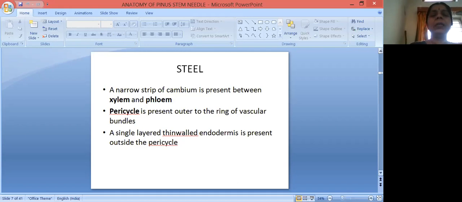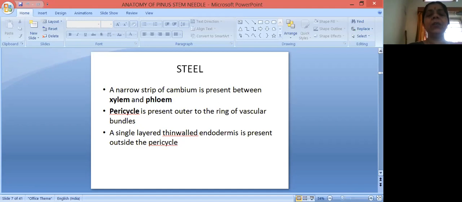Next, pericycle. Pericycle is one more important layer, which is present outside the ring of vascular bundles. This pericycle belongs to the stellar zone. Pericycle is the outermost layer of the stele. Above the pericycle, one more layer of thin-walled endodermis cells is present.